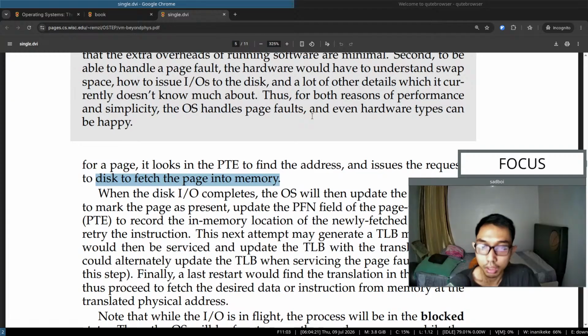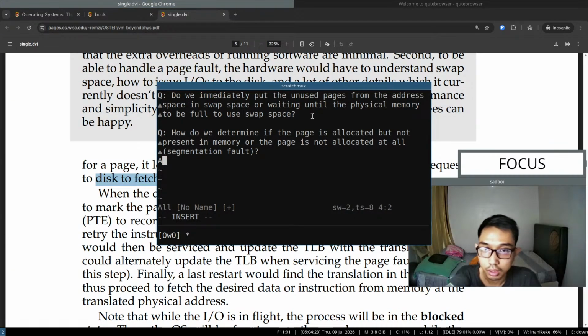Okay, so maybe we check if the page is allocated or not from the page table entry.